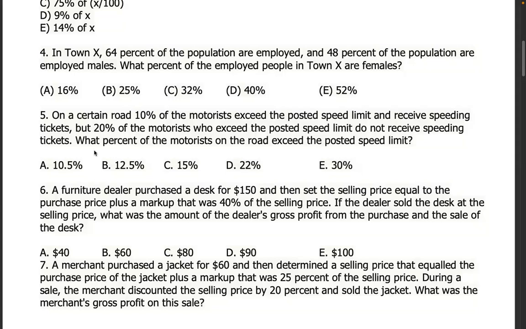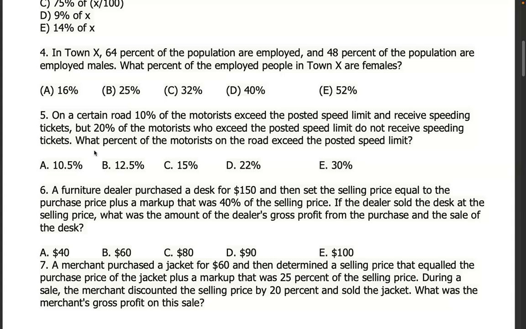Say 20% of 10%. 20% of those who exceed the posted speed limit don't receive any ticket. 10% of the motorists exceed the posted speed limit and receive speeding tickets, but 20% of the motorists who exceed the posted speed limit do not receive speeding tickets.